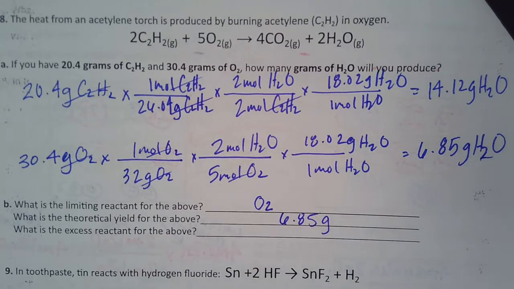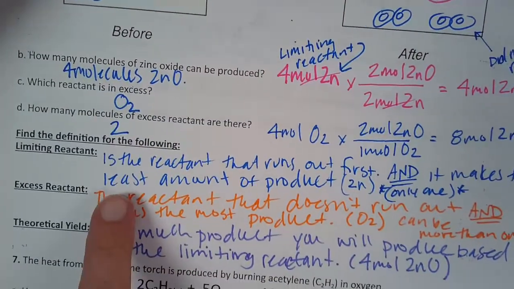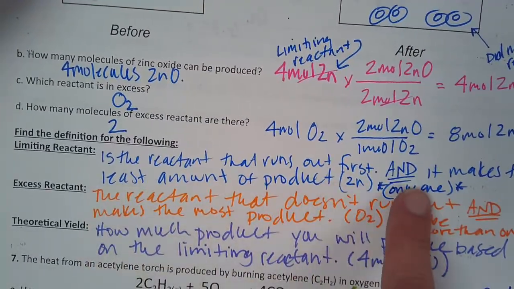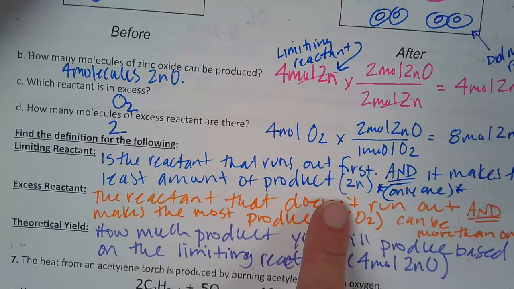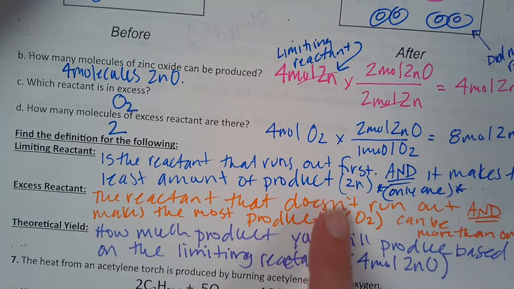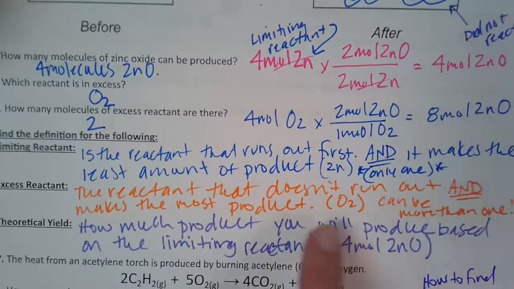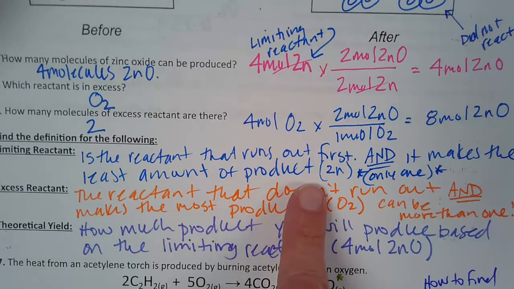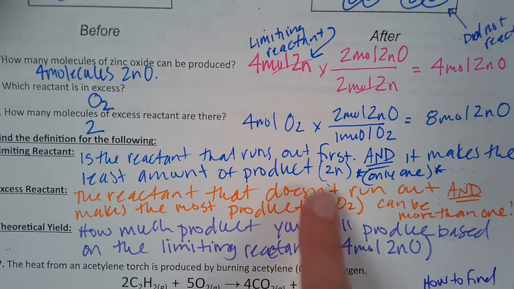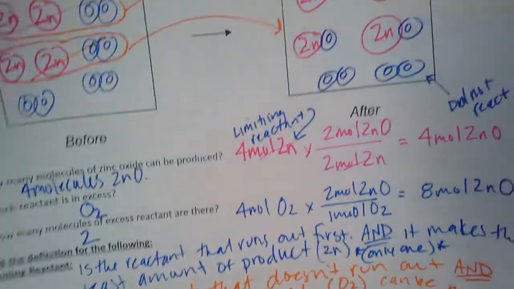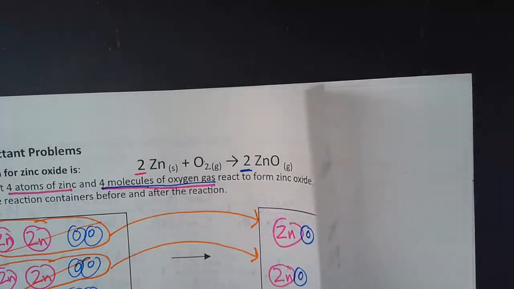Because what does this say right here? It's the reactant that runs out first, and it makes the least amount of product. But like, how do we tell that it runs out first? Because it makes the least amount of product. Add the lowest number that you get.